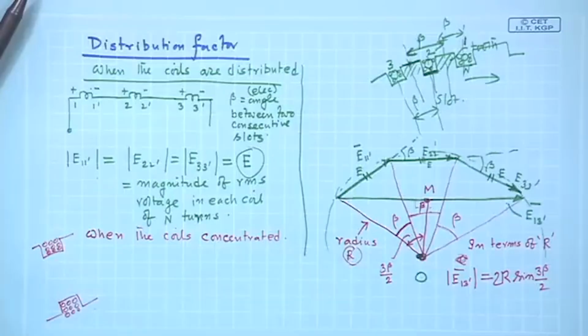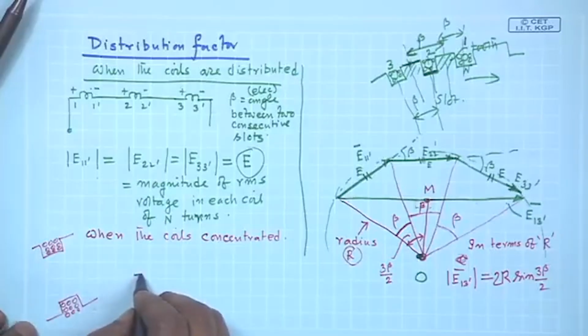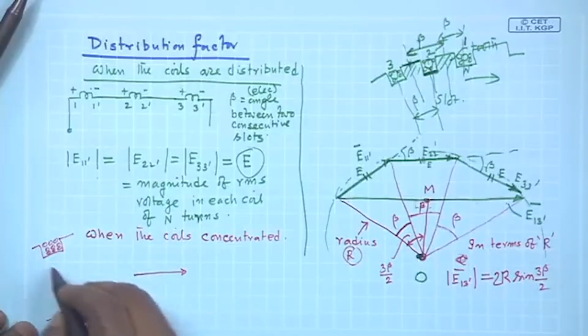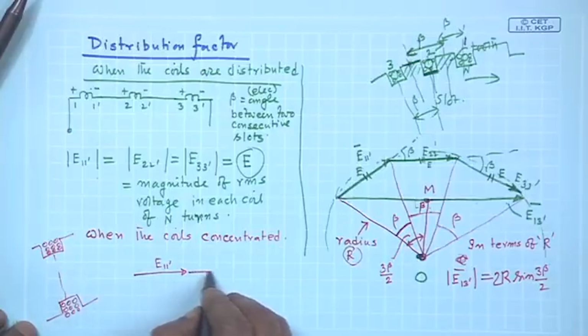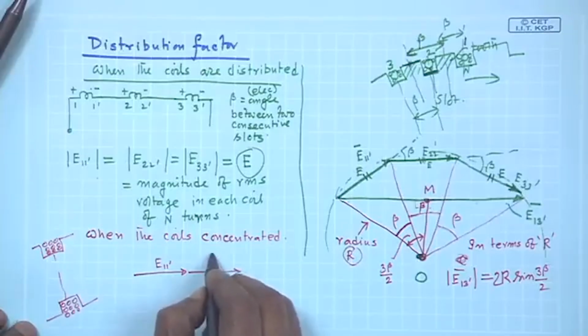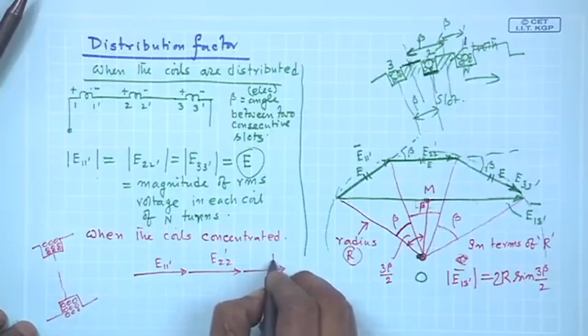So, same number of turns. Individually, if this is 1 dashed, they are diametrically opposite. If this is 1 dashed, this is 2 dashed, they are co-phasal now, and this is 3 dashed.